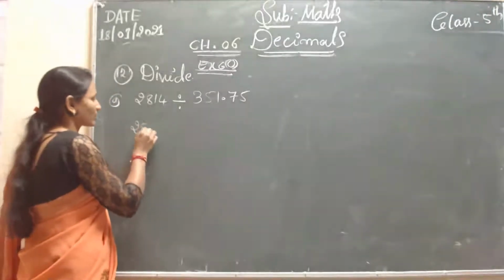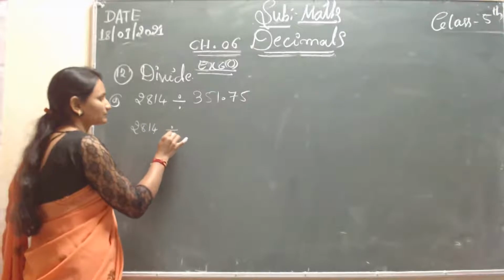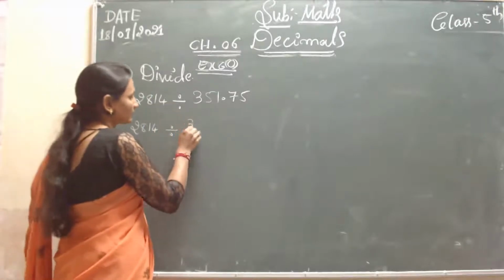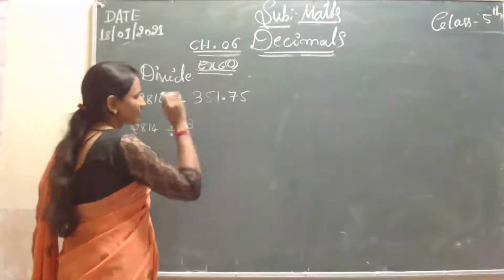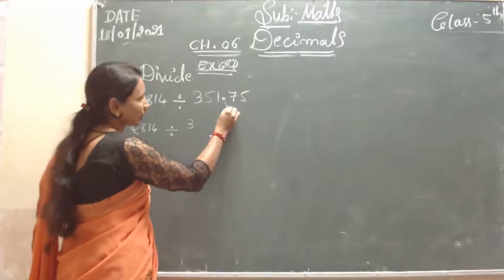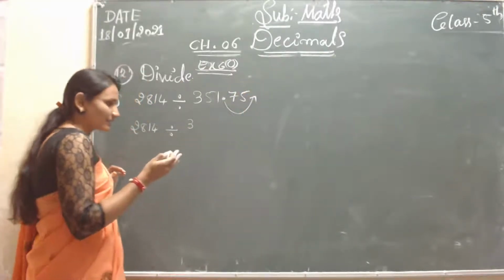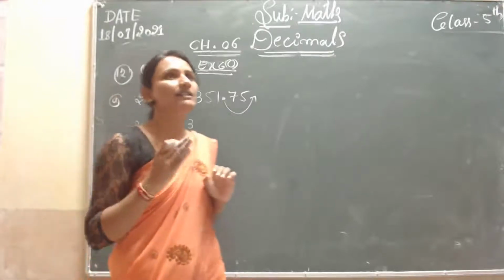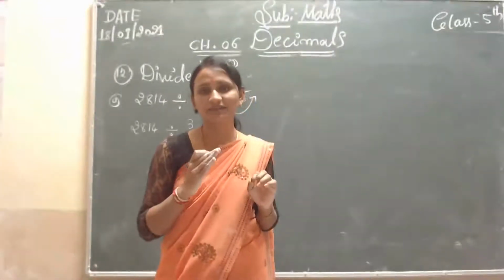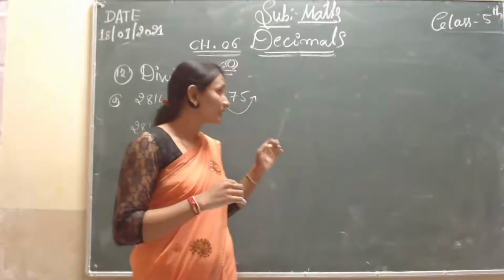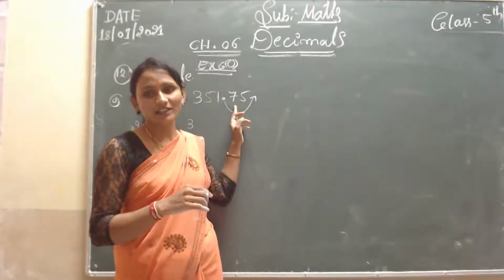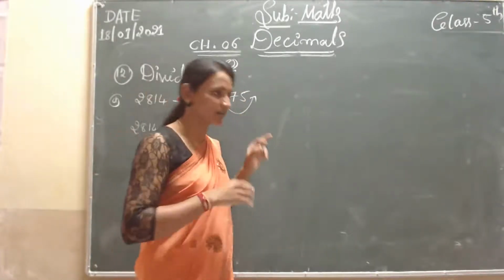Students, you know 2814 divide. So you have to write here how many numbers after the point: 2 numbers after the point, so you have to shift to the right side, that is divide by 100.